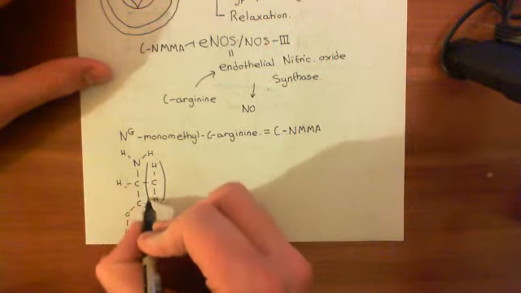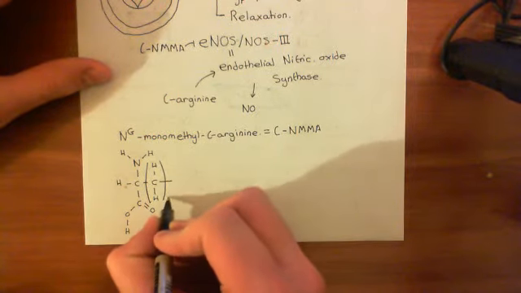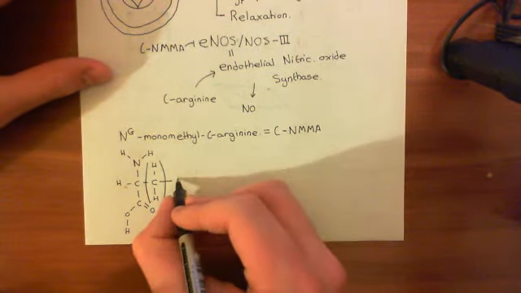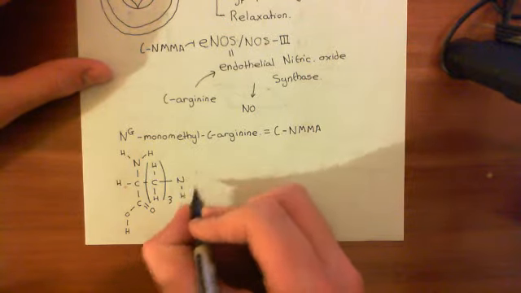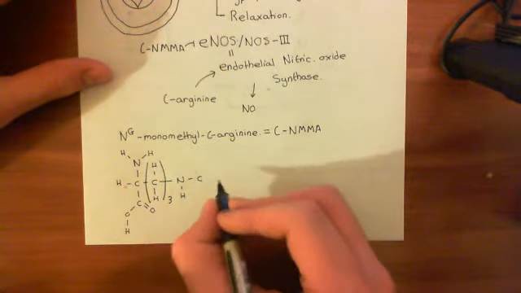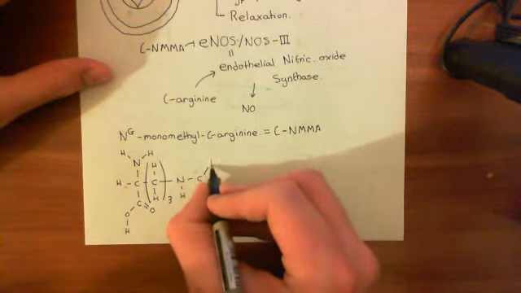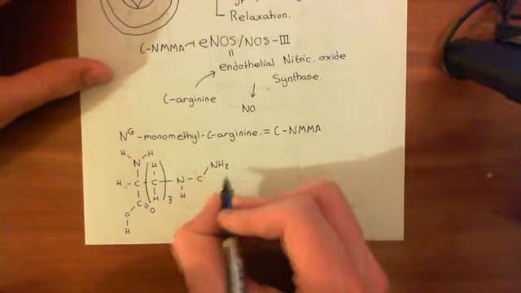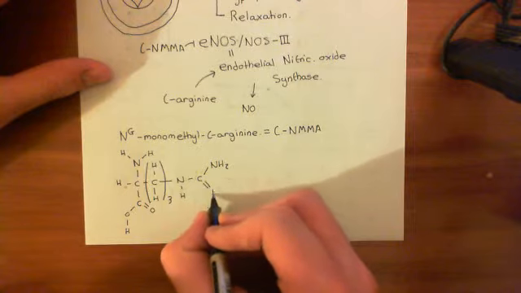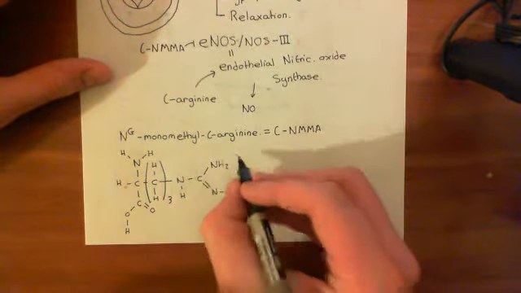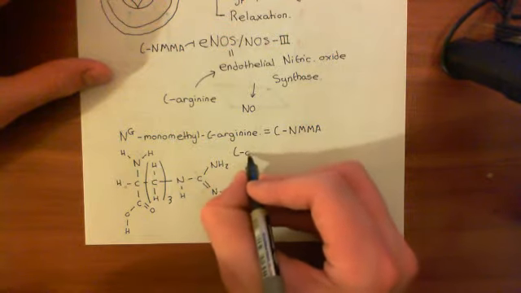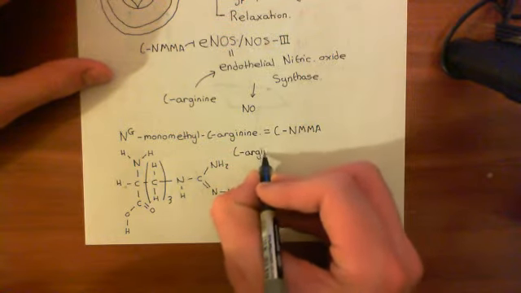You can just draw brackets around 1 methylene group and then put 3 down there, just to save yourself a little bit of work. Then you have a nitrogen atom next, and then after that a carbon, which has an amino group off it, and also a double bond to a nitrogen down here, which also has a hydrogen off it. Okay, so this is the structure of L-arginine.